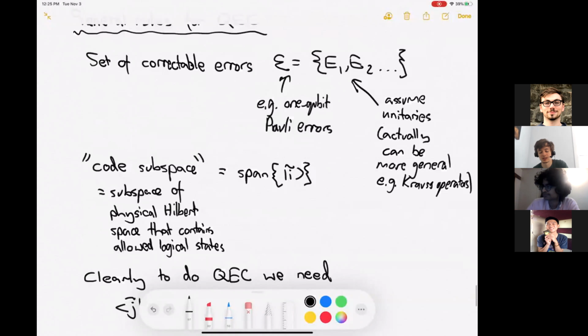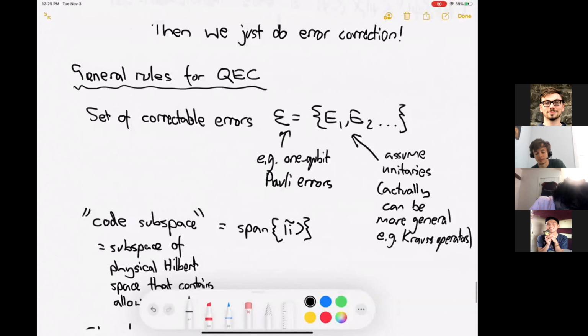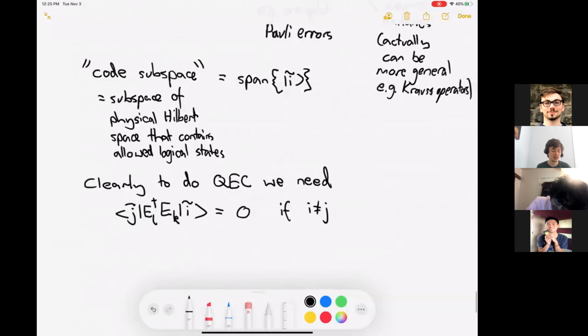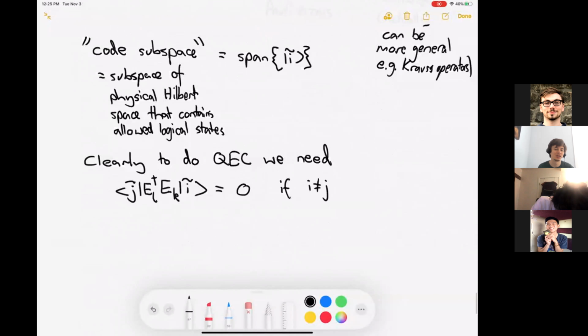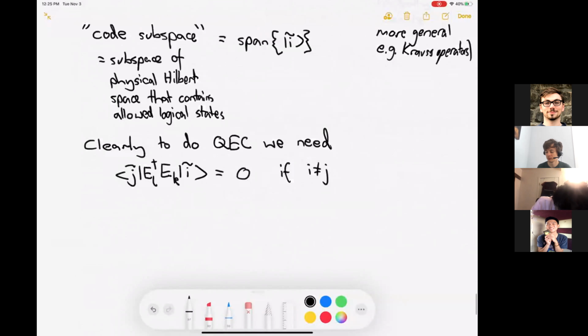By the way, if you want to be able to protect what we recover when nothing happens, then you should include the identity in your set of errors. So we want an error happening to state i to be orthogonal to not just any error happening to state j, but also state j itself, just j with the identity error happening. Otherwise, you can't distinguish no error with state j from state i.